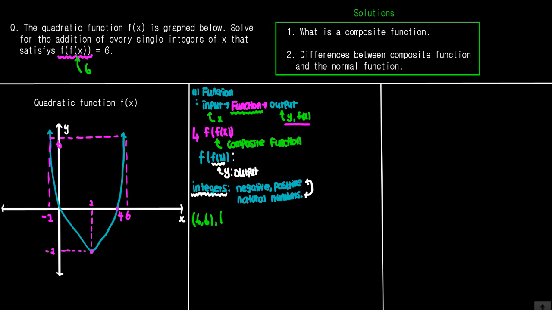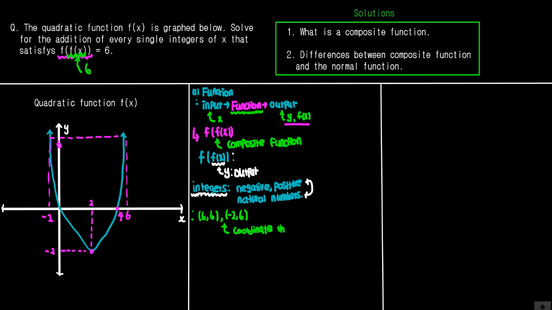For the second one, it is going to be negative 2, because if you input negative 2, the output of the function is 6. And these are all the coordinates that satisfy our just f of x function.